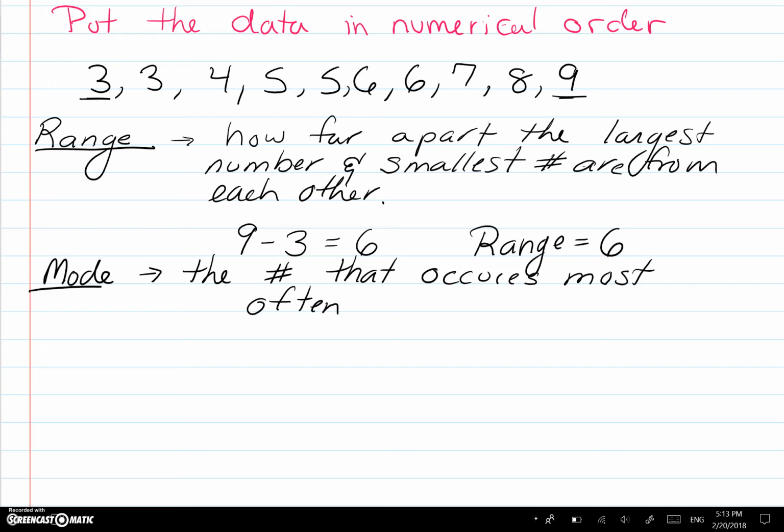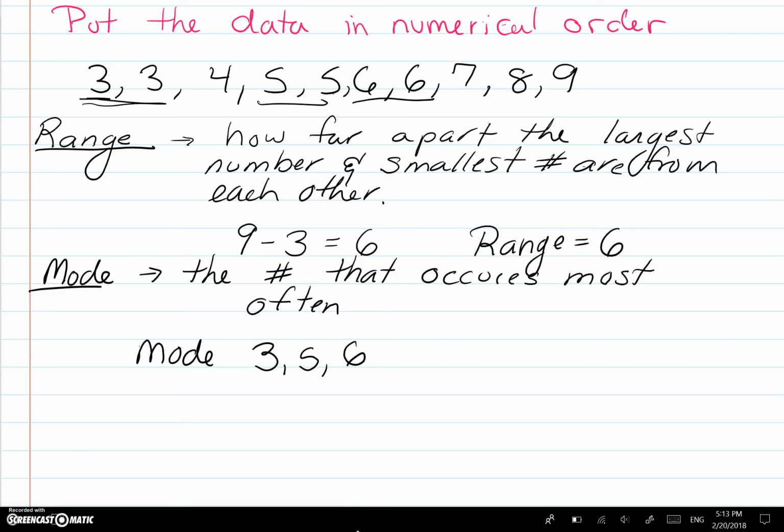So let's look at this. 3 we have twice, 5 we have twice, and 6 we have twice. So in this case, our mode is 3, 5, and 6.